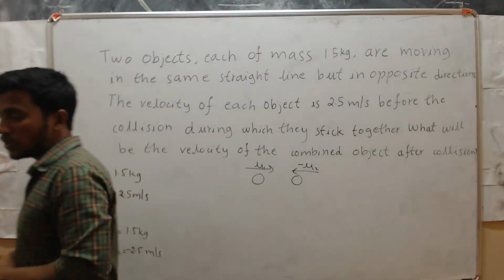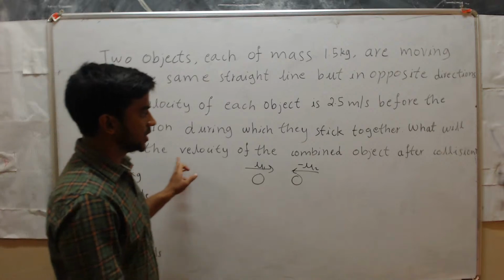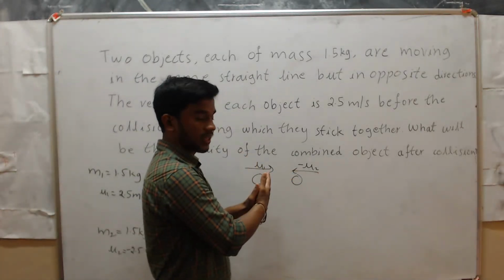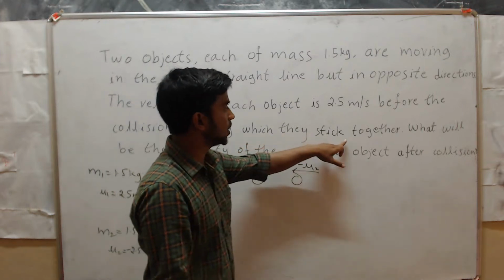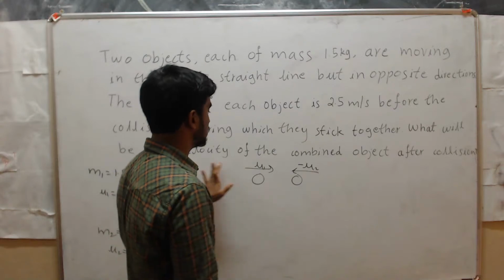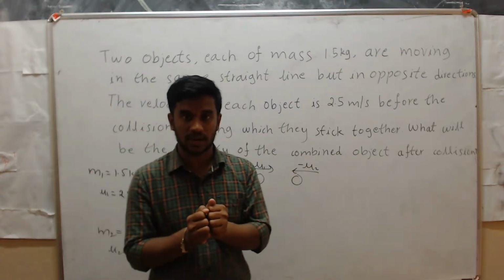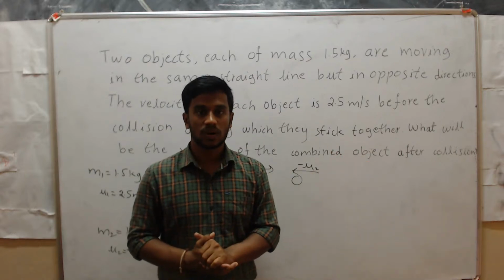Now, what about final velocities? See here they have asked, right? After collision, both will stick together, so they will move one side. They have mentioned they stick together and calculate the velocity of the combined object. Combined object means both will stick together, correct? They will move one side, either this side or this side, whatever it is.